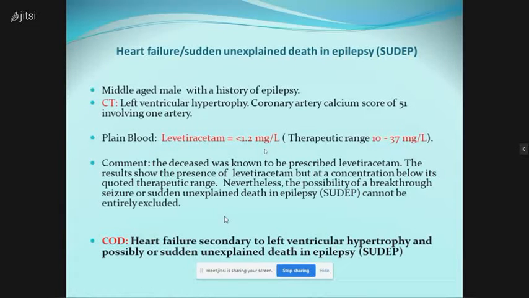So this is called SUDEP, and may be seen from time to time. So measuring the blood level of these drugs is not only for overdose, but also to assess the therapeutic range and the relation to cause of death.